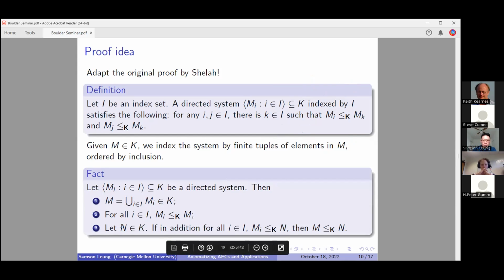So when you have another model N containing all the small models Mi, then N is bigger than the union. So it's just a fact about directed systems. But it'll be useful because we don't always want to build chains. Chains are more difficult to build. Directed systems are easier to do, especially since we can use finite tuples as an index set.